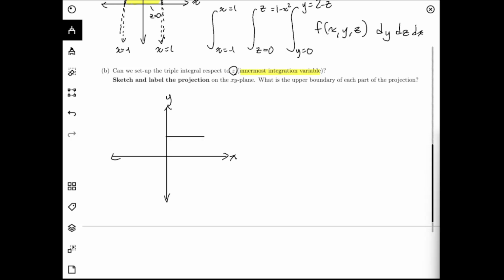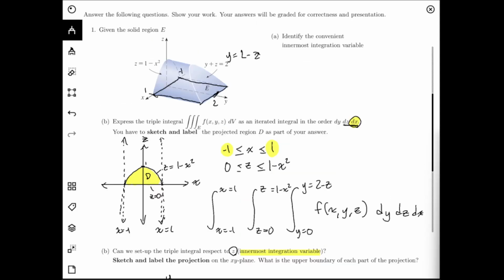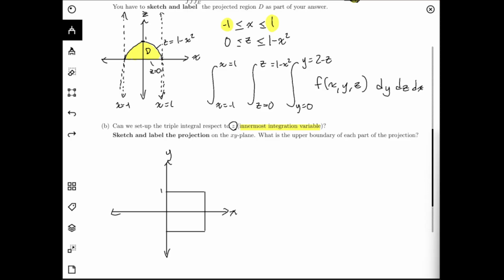Yeah, roughly a square. 1. Up this way because our x-axis is on this side. -1.